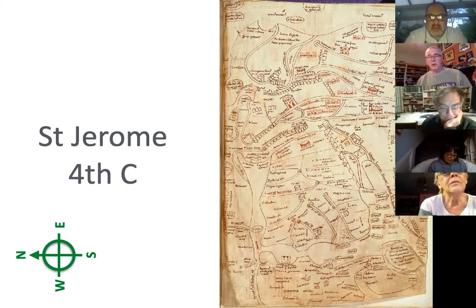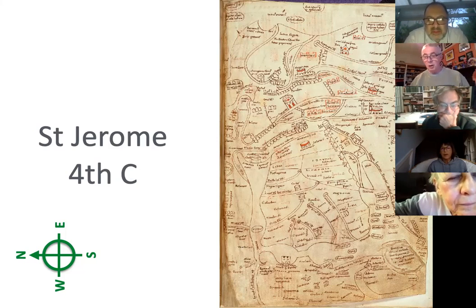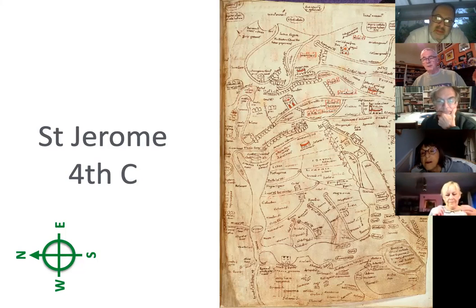This is actually a 12th century copy of the original map that St. Jerome produced, because there are no surviving examples of the original one, but we believe it to be a reasonably accurate copy of this map that St. Jerome produced at the end of the 4th century. East is at the top of the map, which is what I was explaining to you.